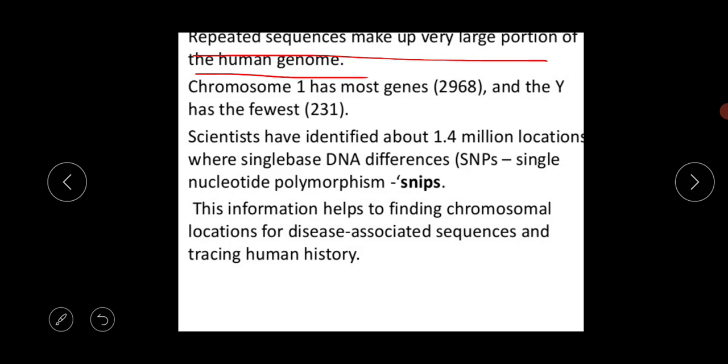They have 5 to 8 base pairs, and these repeated sequences are called junk DNA. All this is important information for your 1 mark question.